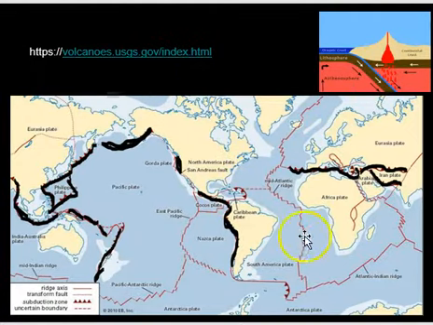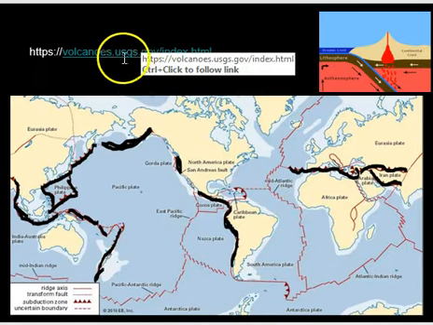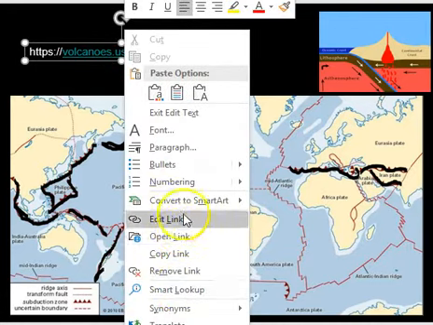So I have this image showing plate boundaries in black here, and the areas where we have earthquakes are along these black lines. So we've got these are subduction earthquakes.